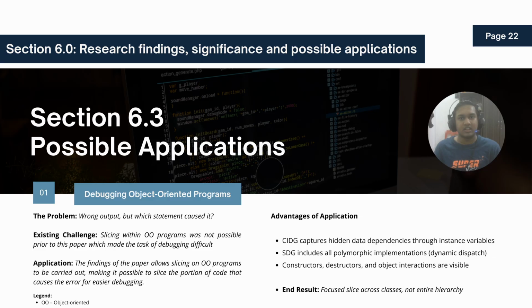As a result, initialization bugs and shutdown problems become visible in slices, instead of remaining hidden inside constructors or hidden state transitions. The end result is that when debugging object-oriented code, instead of manually scanning through an entire class hierarchy, you get a focused cross-class slice that respects inheritance and polymorphism. This significantly reduces debugging time and effort.